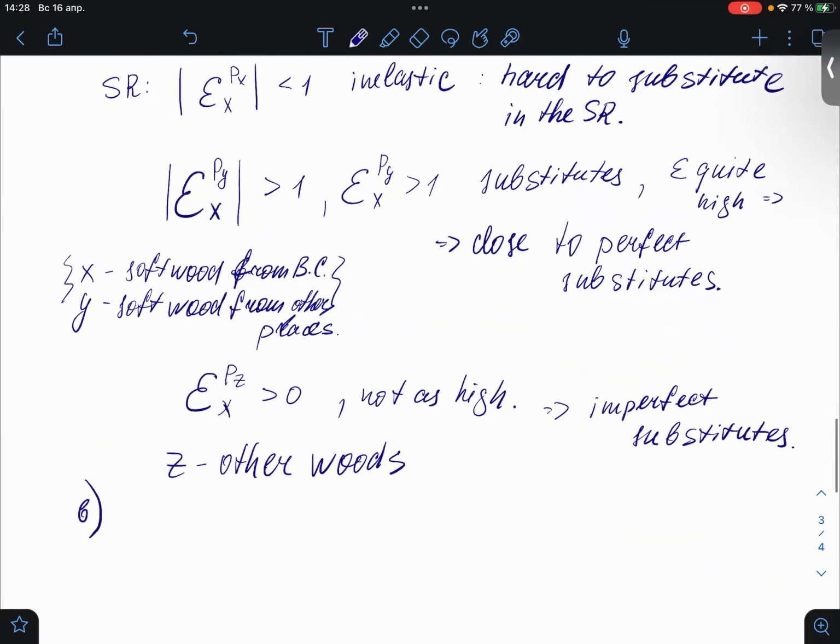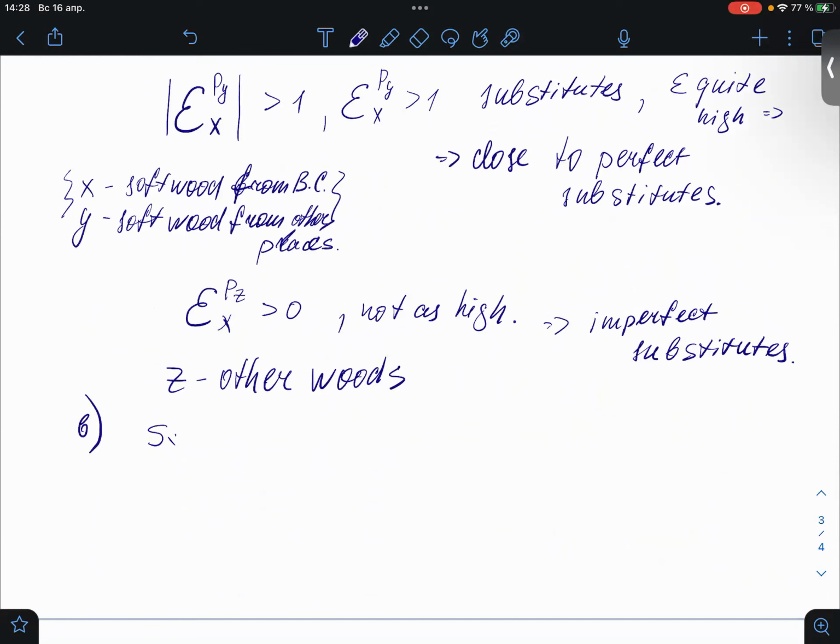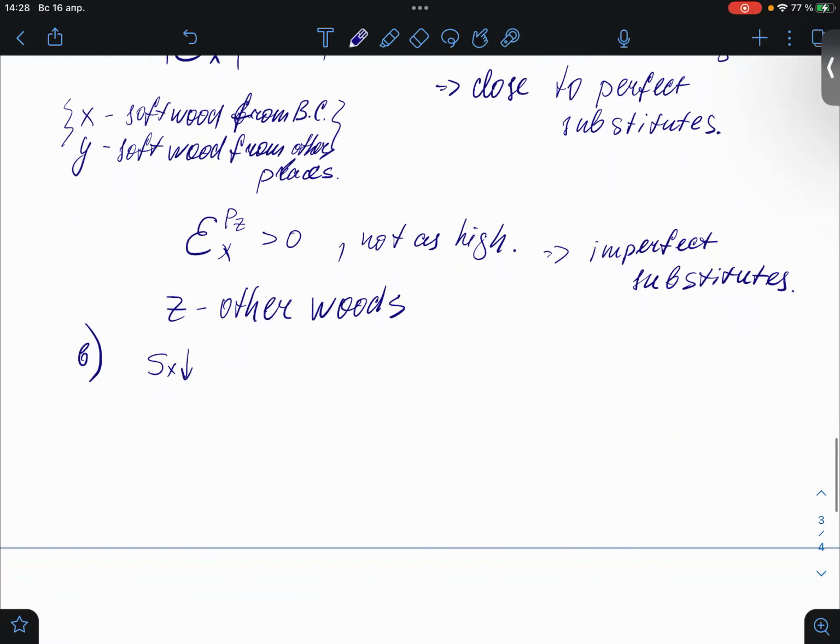Okay, so we decrease the supply of our softwood. We know what will happen. The lower the supply, the higher the price of softwood. We can show it like this.